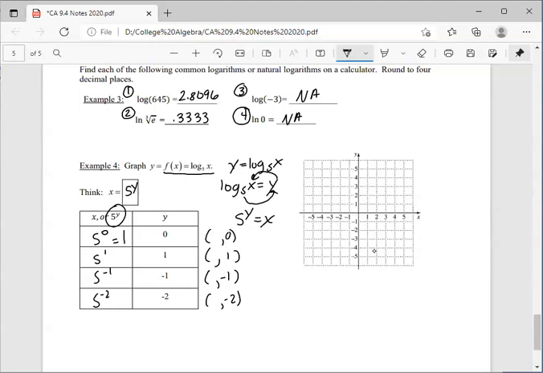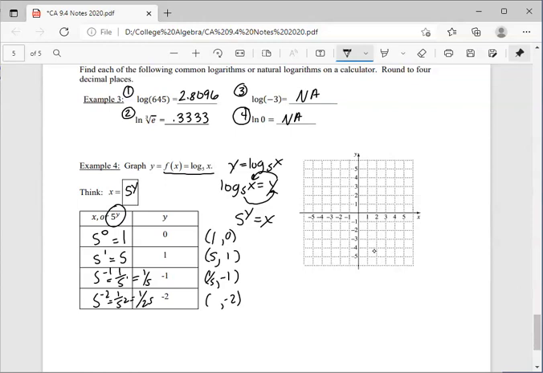Well, anything raised to the 0 is 1. 5 to the first power is 5. 5 to the -1 means 1 over 5 to the first power, which is just 1/5. 5 to the -2 means 1 over 5 squared, which is 1 over 25.